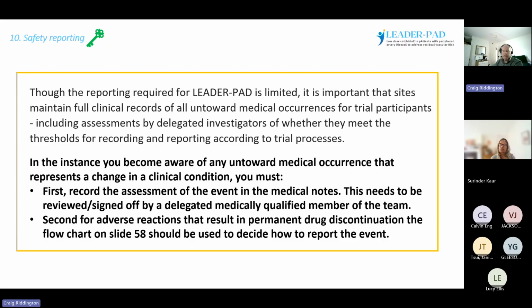In the first instance, the event must be recorded in the medical notes and signed off by a delegated medically qualified member of the team. Secondly, adverse reactions that result in permanent drug discontinuation. The flowchart detailed on slide 58, which we'll come to, should be used on how to report the event.